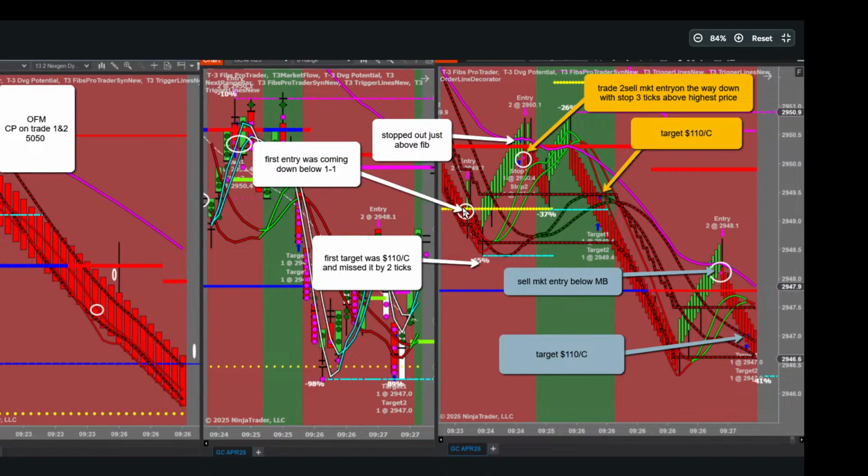First entry. Coming down below the 1-to-1, I agree, but your price is still sitting on the 1-to-1. So your price, Wayne, is still sitting at that area that could make a bounce. And it did. It made the bounce, and then it headed back down. And then they just decided that they were going to push up. If I'm in a momentum trade, I'm willing to take a little hickey, give up 3 or 4 ticks when the momentum is gone instead of giving up all of that money.